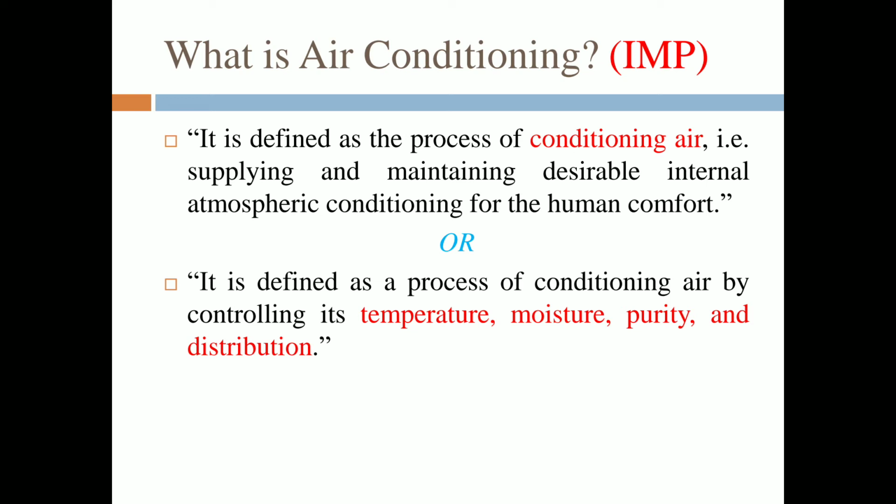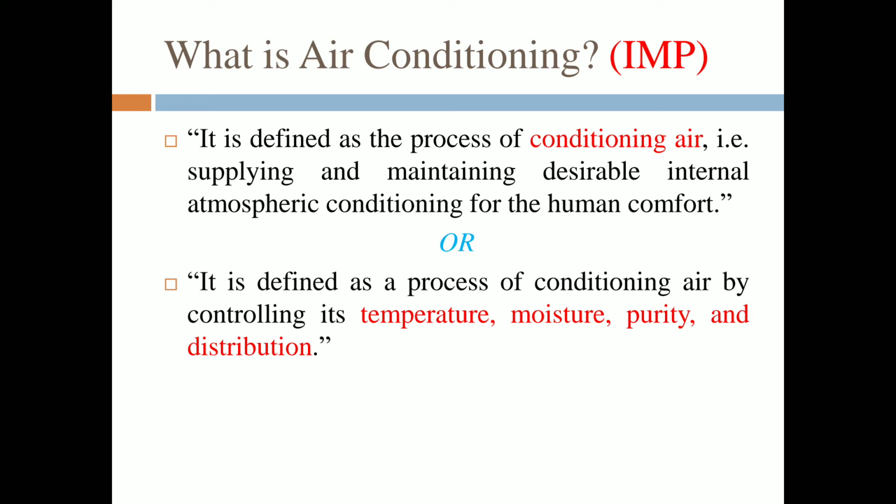So these control parameters are not controlled by the desert cooler, so we will not say that the desert cooler is known as air conditioning. It just gives a certain comfort condition, but for good human comfort, the desert cooler is not advisable. We need to go for air conditioning.